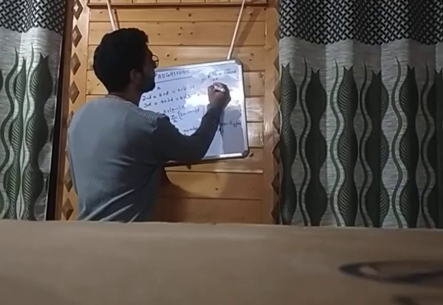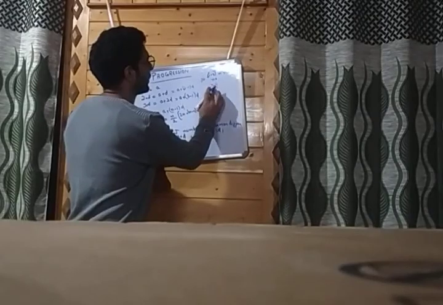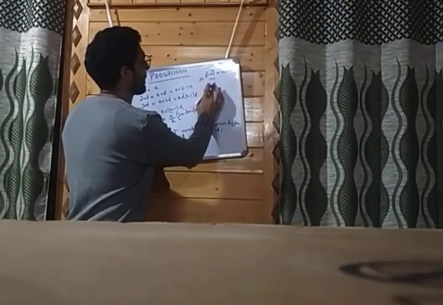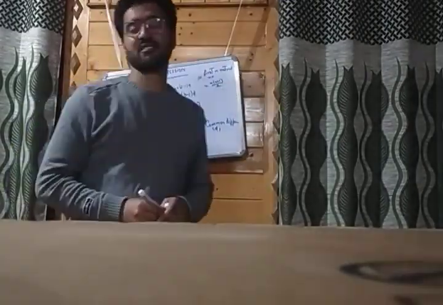What is the sum? N into n plus 1 divided by 2. This is the sum of the first n natural numbers.